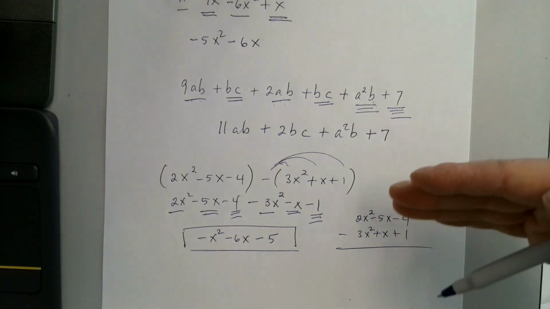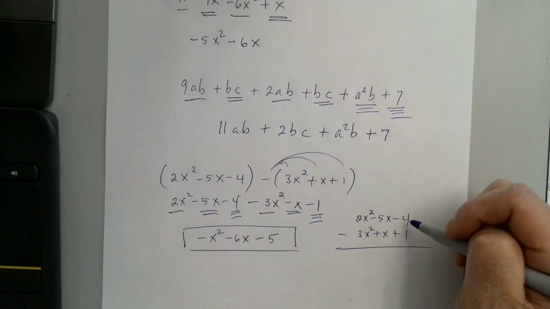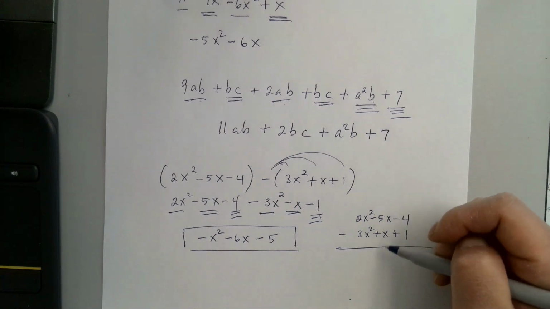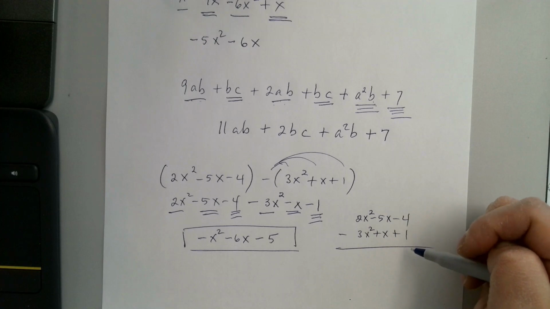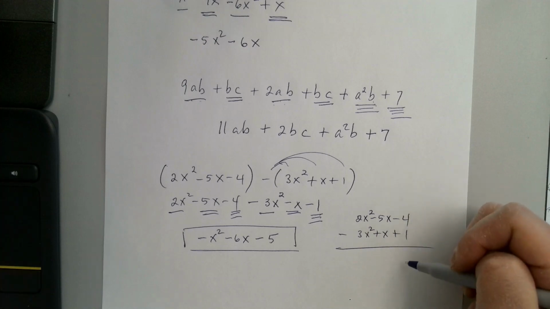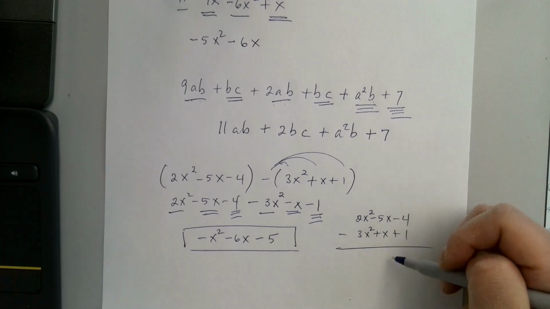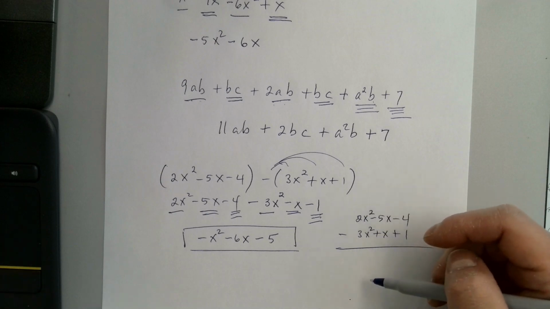You would stack them vertically like this. You would subtract the ones place, then the tens place, then the hundreds place. That's what we're going to do here. We're going to subtract the constants, then the degree 1 terms, then the degree 2 terms.